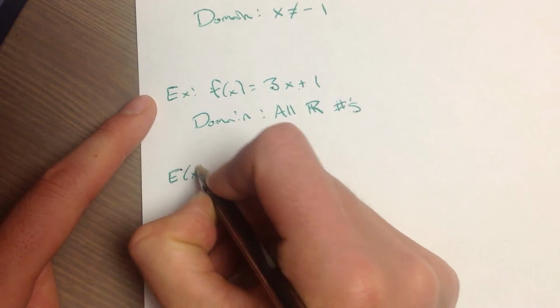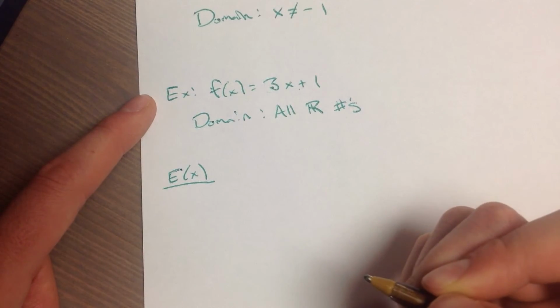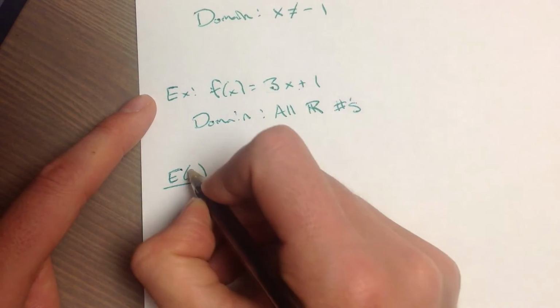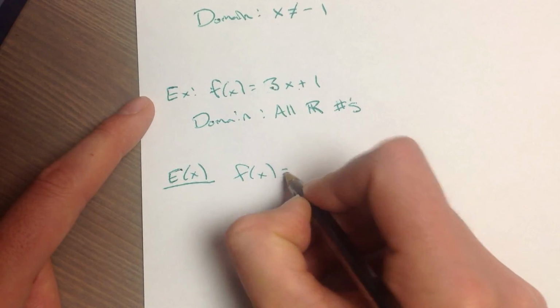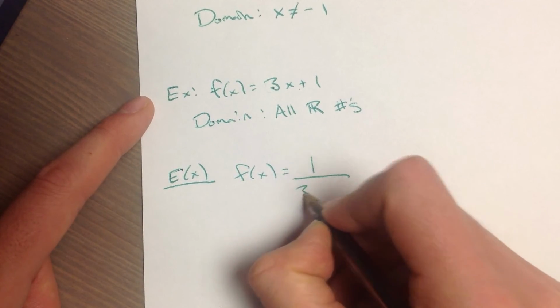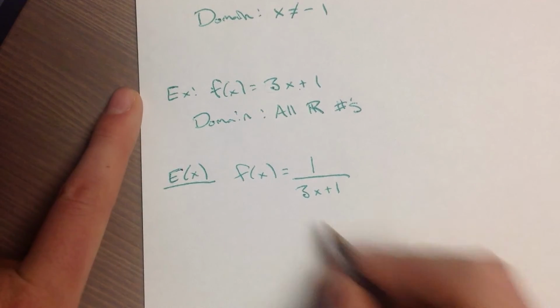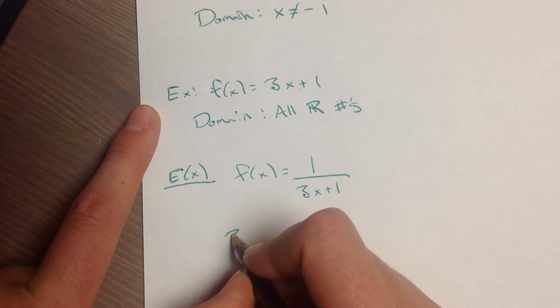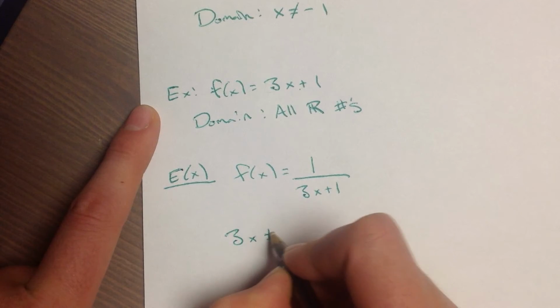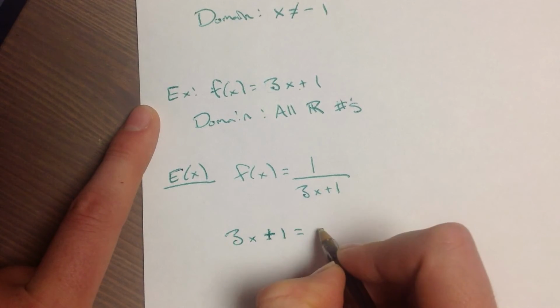Let's try one more example. Say, for example, we're given that our function is 1 divided by 3x plus 1. Well, we're dividing again, so there's a possibility of being 0 in the denominator. So we say, well, what value produces 0?